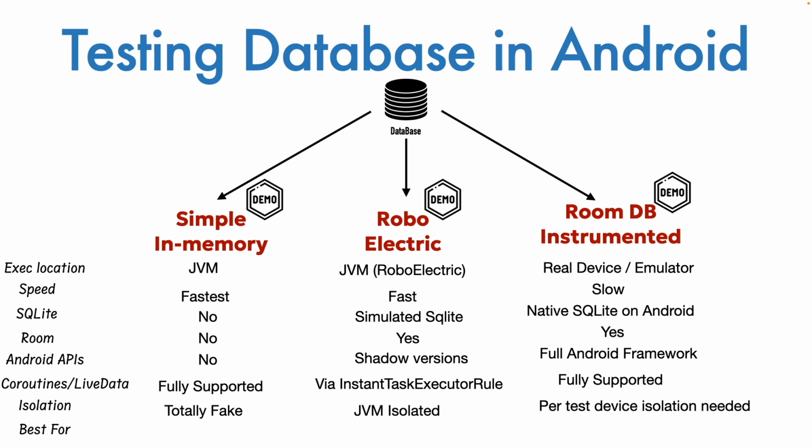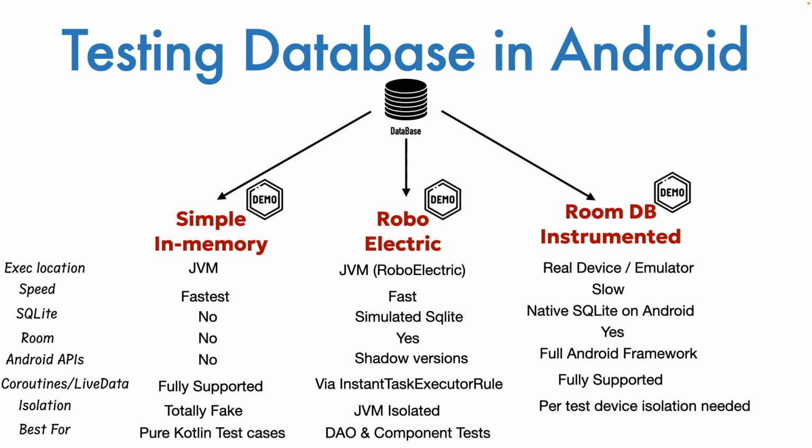And then finally, which one is suited best for what purpose? If you want to do pure Kotlin test cases, then simple in-memory based testing is good enough. If you want some level of simulation of RoomDB and SQLite database, then using Robolectric is a very good approach. They are slightly slower than pure Kotlin test cases, but definitely not as slow as instrumented RoomDB test cases.